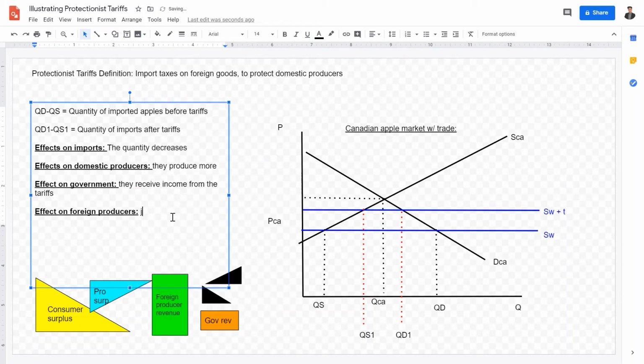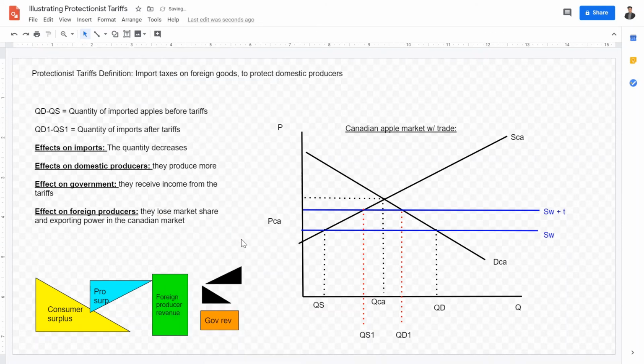It could be used in public works, government spending and stimulus, or whatever. What's the effect on foreign producers? They lose market share and exporting power in the Canadian market. So it's a net loss for foreign producers.